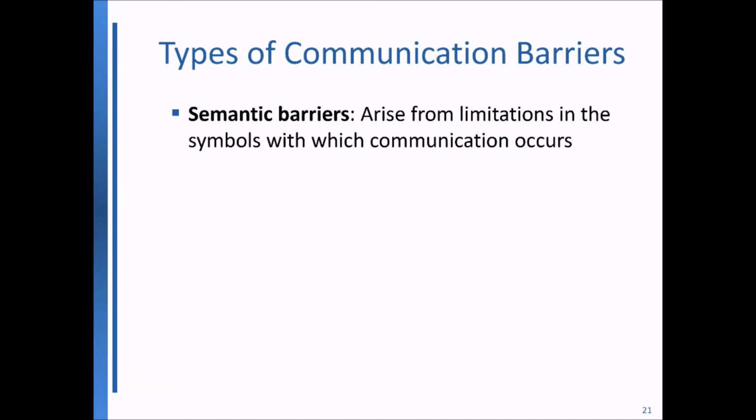Okay. Now let's look at the semantic barriers. Aside from the physical and the psychological barriers, now we have what we call a semantic barrier. Semantic barriers mostly come from limitations in non-verbal communication.